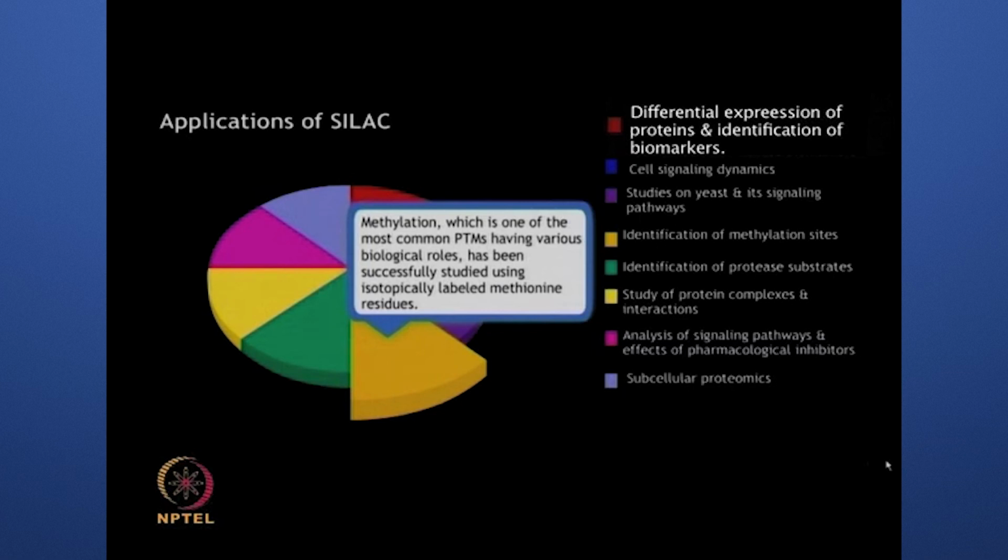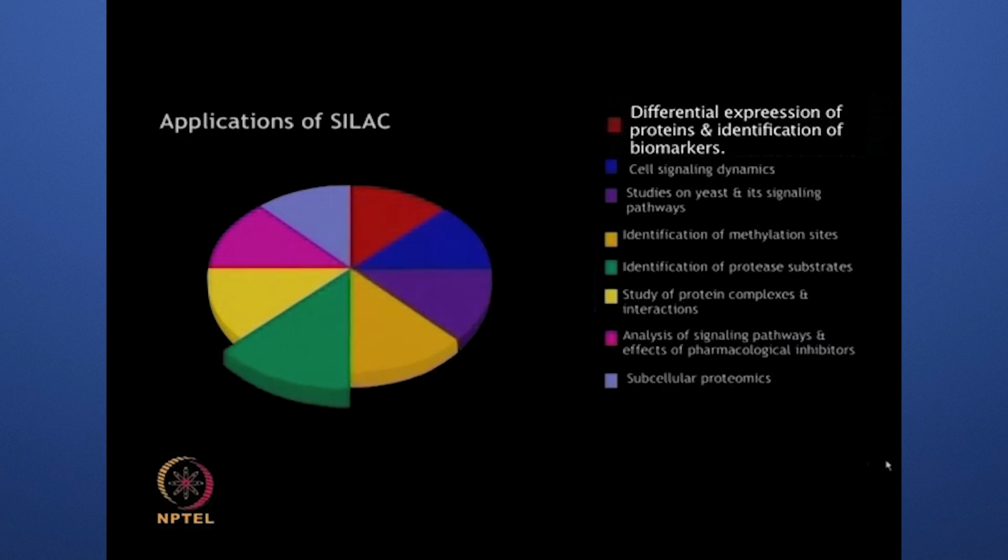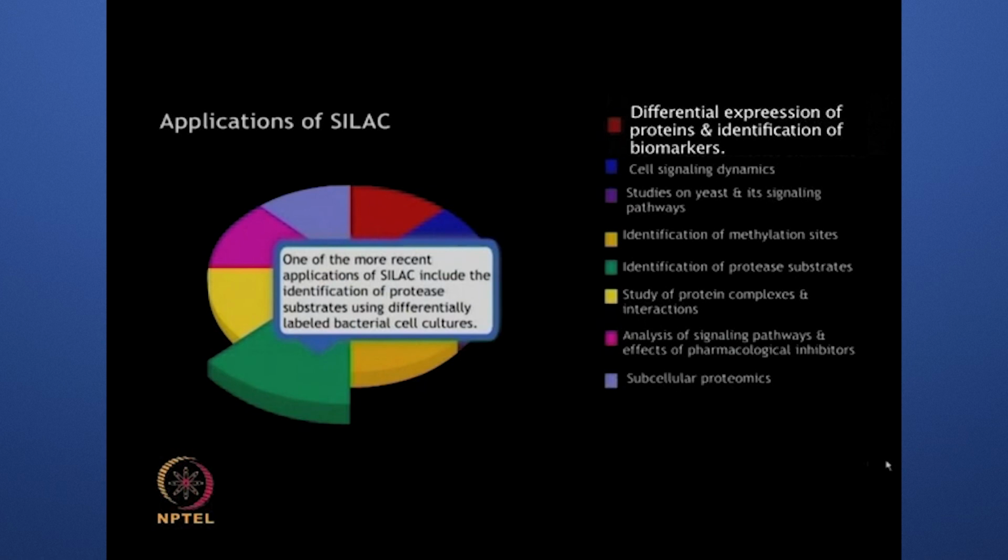Methylation, which is one of the very common PTMs with various biologically significant roles, is successfully studied using isotopically labeled methionine residues. One of the recent applications of SILAC includes the identification of protease substrates using differentially labeled bacterial cell cultures.